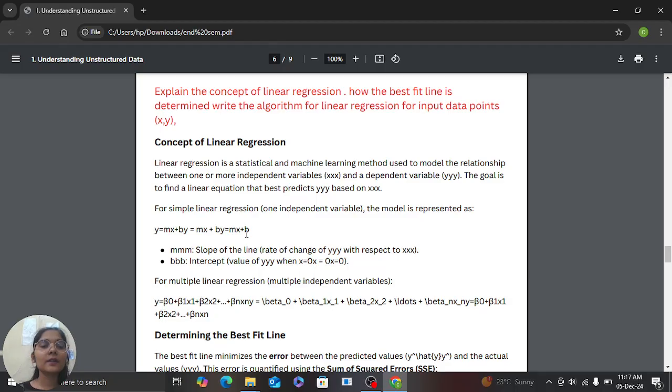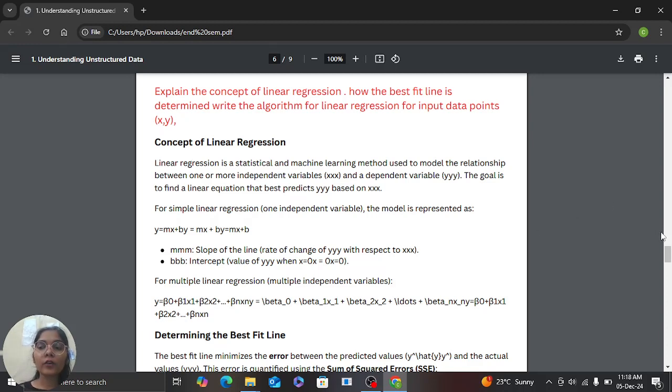This can be represented in other forms, but the simplest equation for a linear equation is y = mx + b, where y is the dependent variable, x is the independent variable, m is the slope of the line, and b is the intercept.